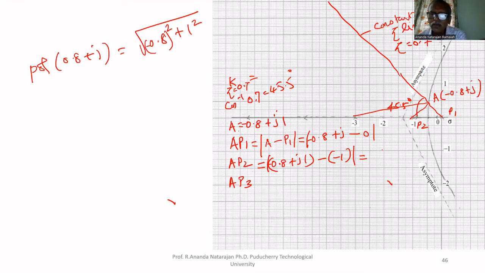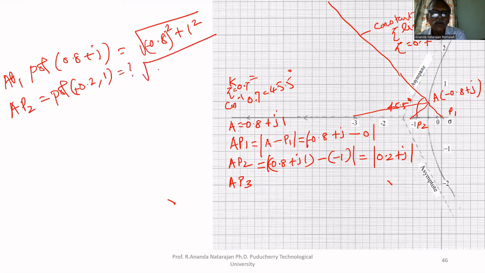Therefore, it is equal to 0.2 plus j. So therefore, AP2 equal to, you can call polar coordinate of 0.2 comma 1. You will get the value from the calculator, or you can calculate this way: square root of 0.2 square plus 1 square.